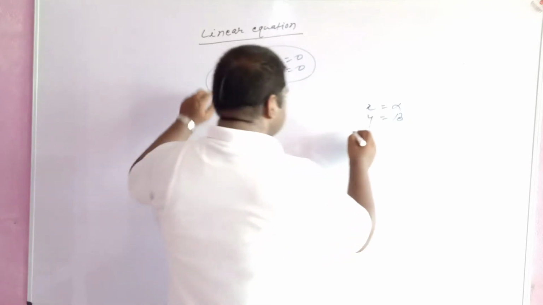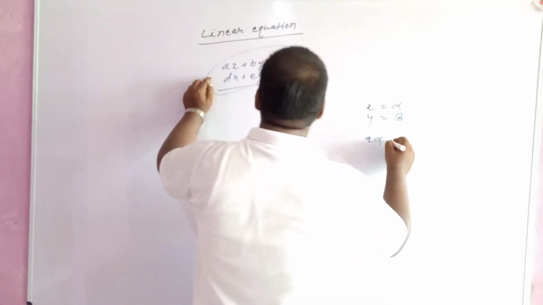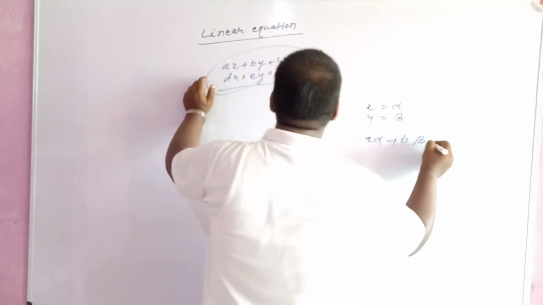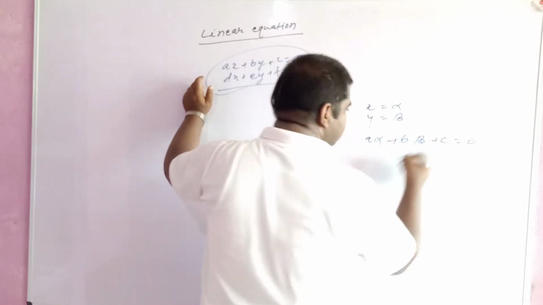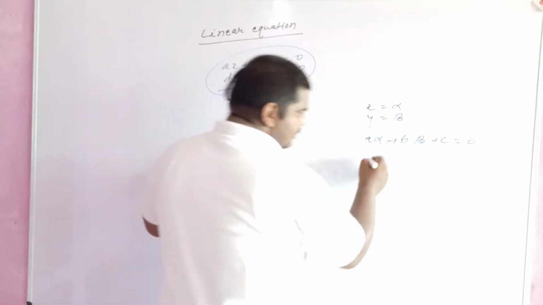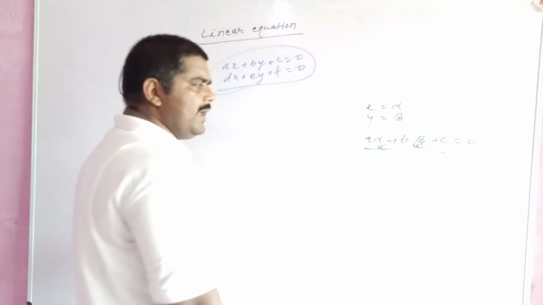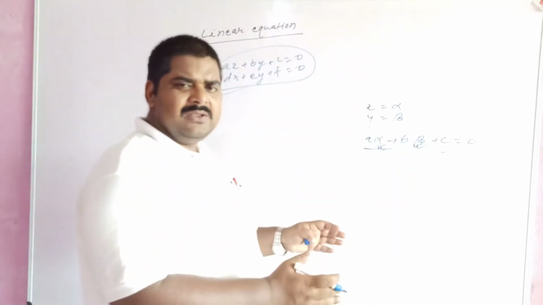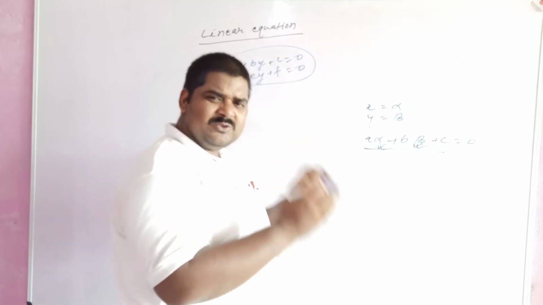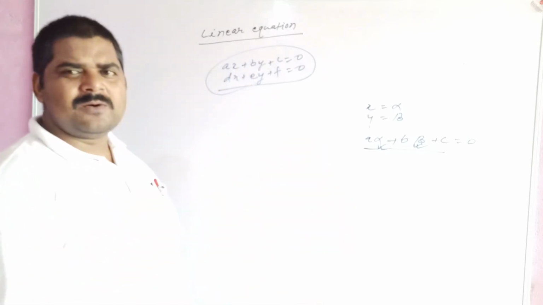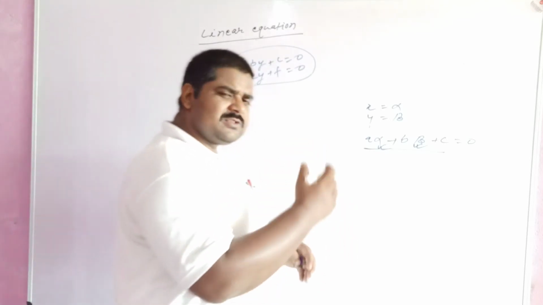Let's check. A alpha plus b beta plus c is equal to 0. Then alpha and beta are known as the solutions, roots, or values of the given linear equation.